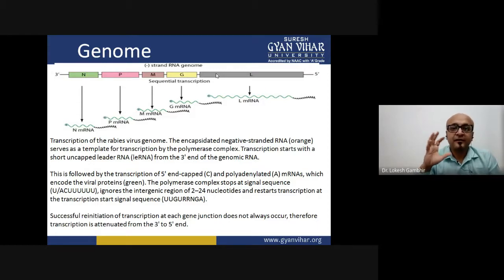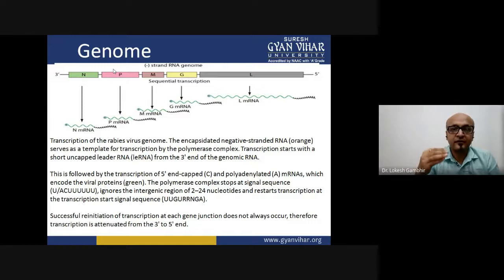See, this is an RNA genome which is negative sense. From this RNA genome, mRNA is formed first, and only this positive strand mRNA will lead to the formation of protein. The negative strand RNA cannot directly lead to the formation of protein.